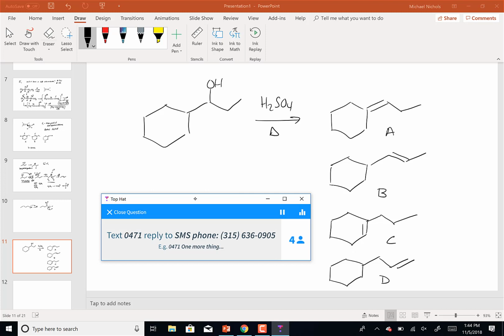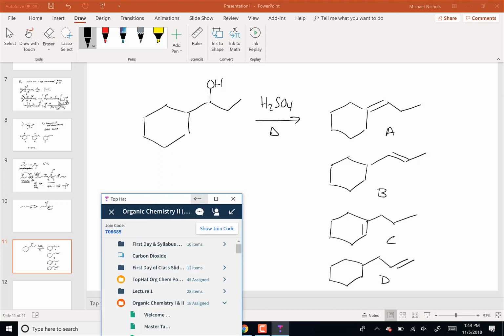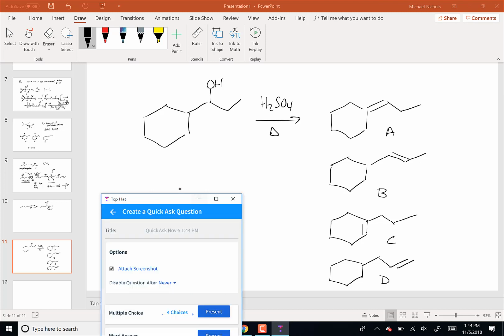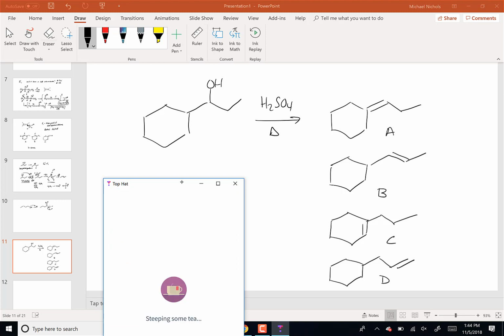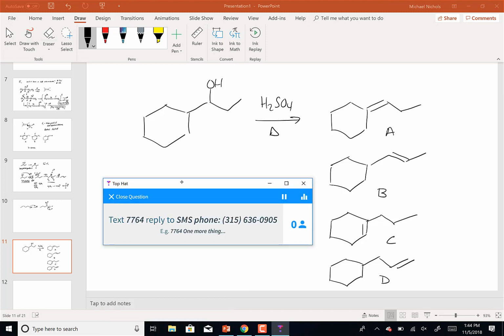Dylan. It's a multiple choice. Oh. Now it's a word answer. Capital letter, one capital letter, or if you have multiple ones, just capital letter, capital letter. No space in between them.